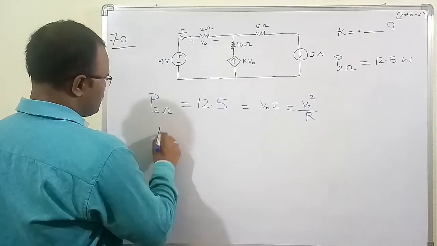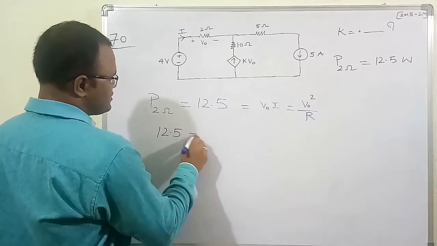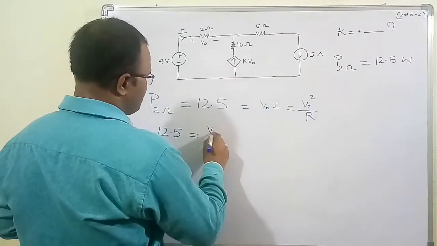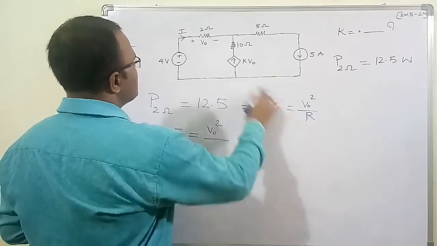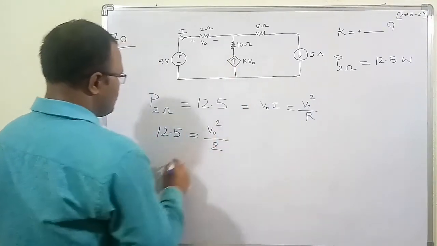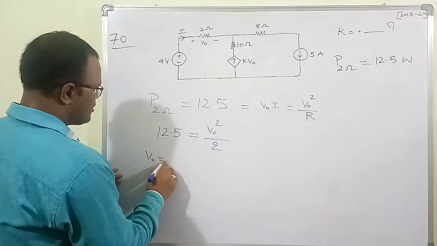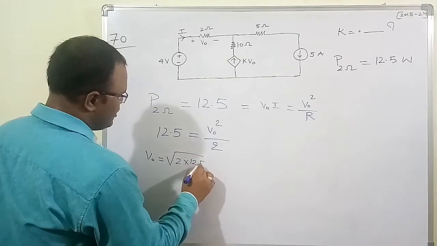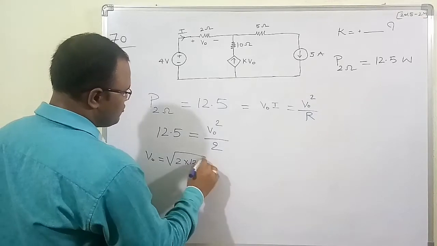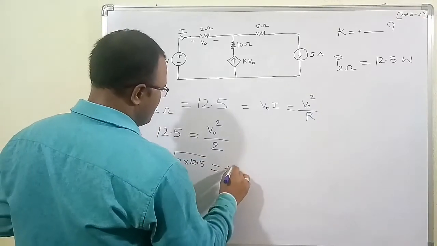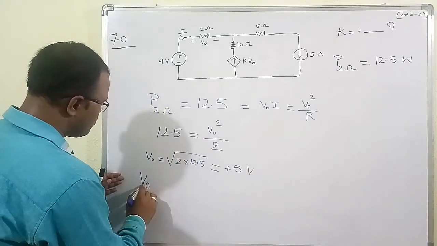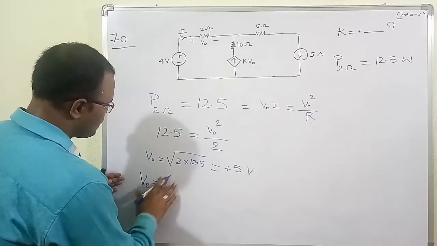So 12.5 is equal to V0 squared by 2. If you do the calculation, V0 is equal to root over 2 into 12.5, which is plus 5 volt. So the voltage drop across the 2 ohm resistor is plus 5 volt.